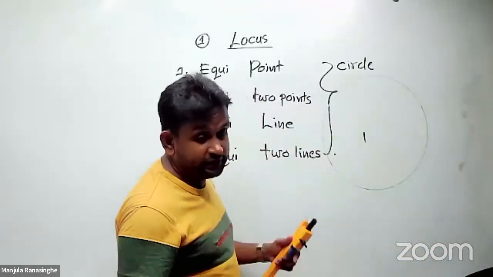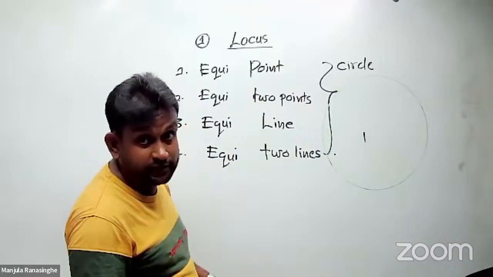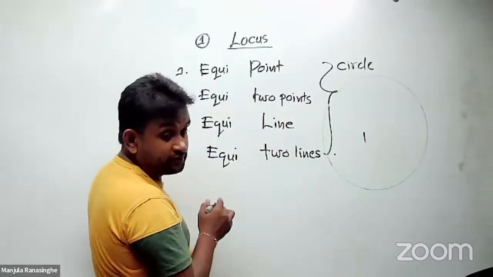The first one, equidistance to a point, is a circle. Then equidistance to 2 points.